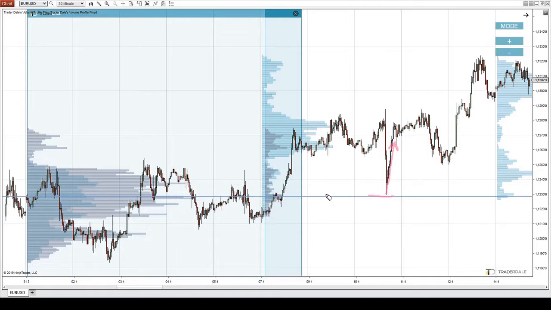But the point here is that this marks a strong support zone. Even though the price missed it by just a tiny bit, the next time the price could just test it, hit it, and then turn. So you can absolutely tell that in this case, what turned the price was those volumes.